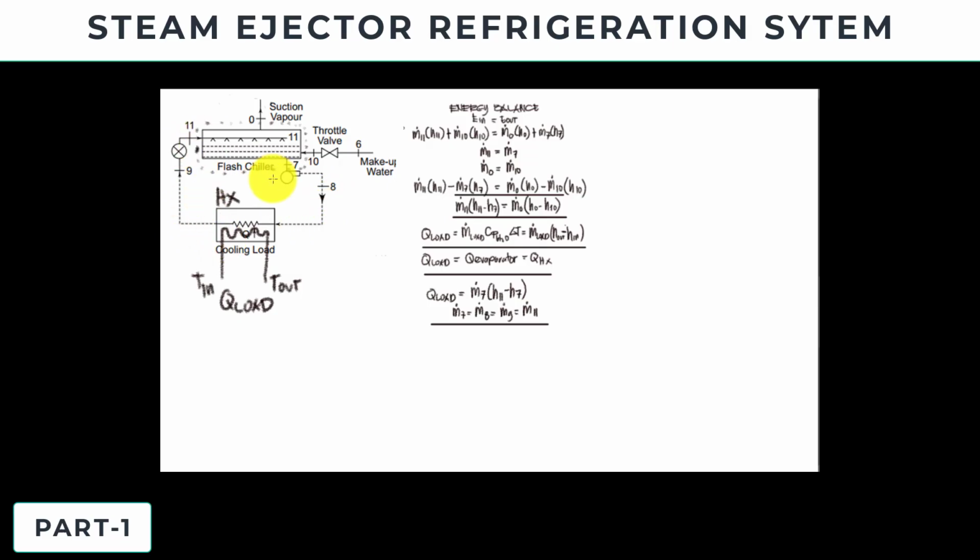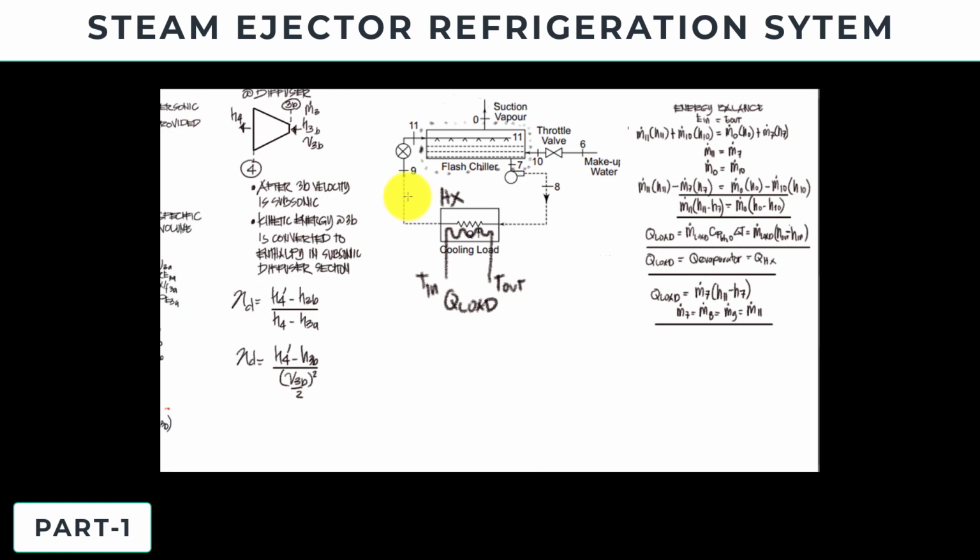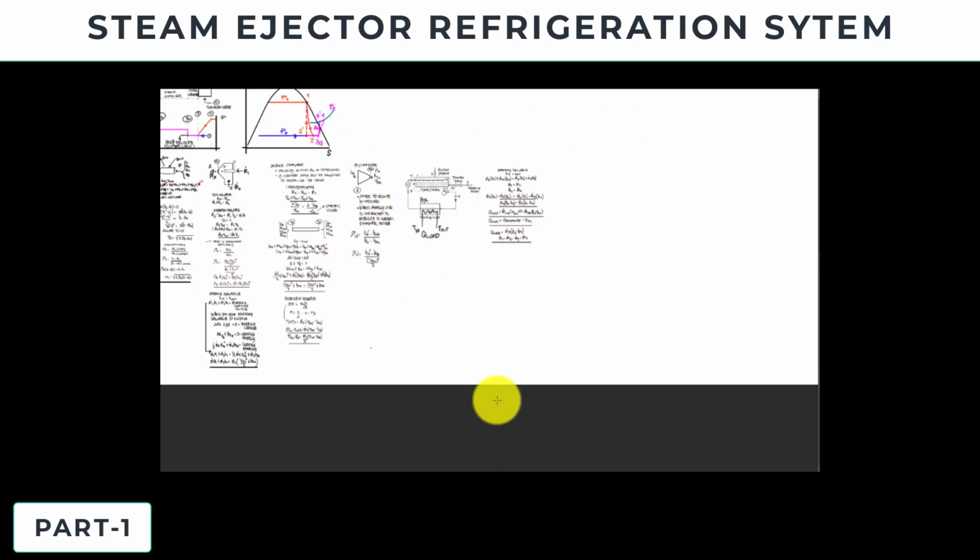After that, we will already have the mass flow rate 7. The other mass flow rates, the one supplying the makeup water, and also the vapor, we may be able to get already. After that, we can use that also to get the values of other properties on your ejector.